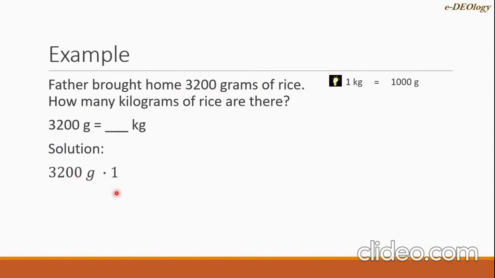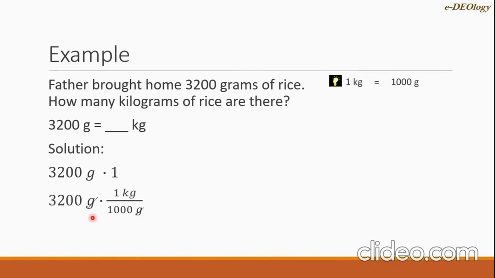For our solution, we copy the 3,200 grams. We multiply by a value equal to 1. So here I want to cancel the gram unit. So it means I should put the gram with that 1000 down here in the denominator, followed by this 1 kg as numerator.